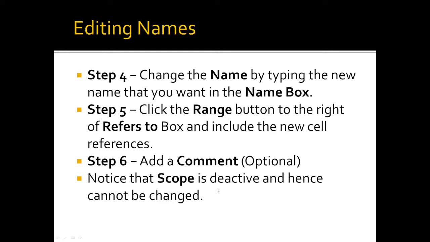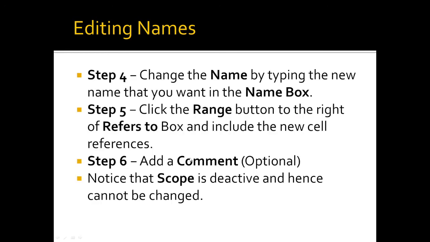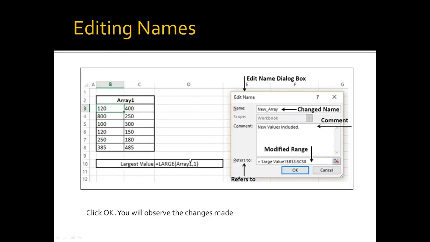Notice that its scope is deactivated and hence cannot be changed. So you cannot change the scope if we edit. Here we now have changed the range and we have included a comment. Then we just click OK and you observe the changes made.